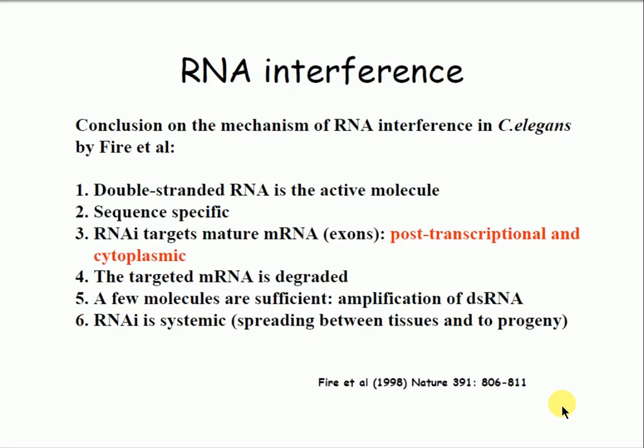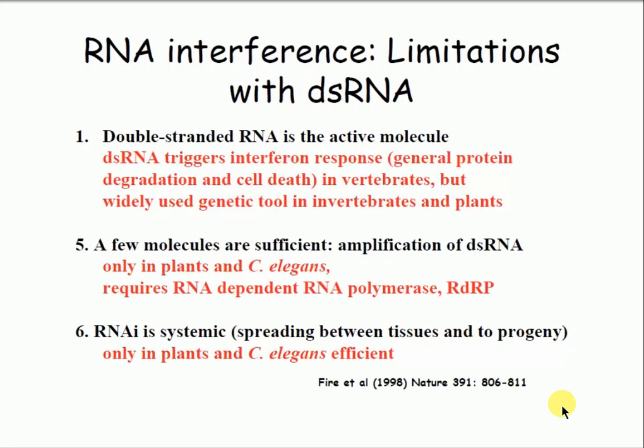Some of you might already recognize that this is probably very specific to C. elegans and doesn't apply, for example, to mammals. So there are a few things that we need to consider when we look at higher eukaryotes. Double-stranded RNA is the active molecule. That's true in Drosophila and C. elegans and plants, but not in mammals. If you take long double-stranded RNA, this will trigger an interferon response.